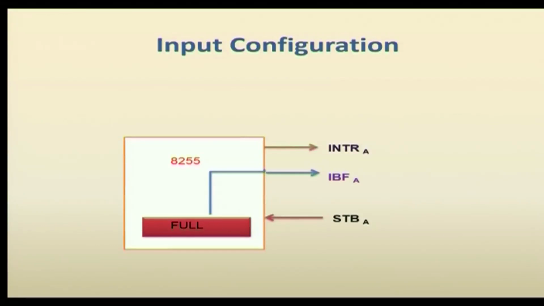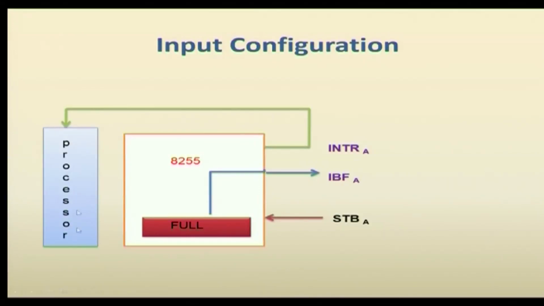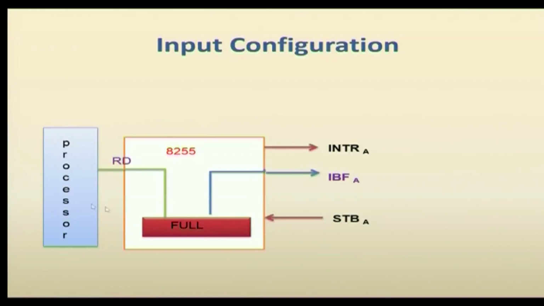Then the 8255 activates the interrupt request. Once the interrupt request is enabled, it is connected to the processor. It means that now the processor has to read the data from the buffer. Then it will activate the read bar signal to read the data from the buffer. After reading, the buffer will be empty, then the process will be repeated.